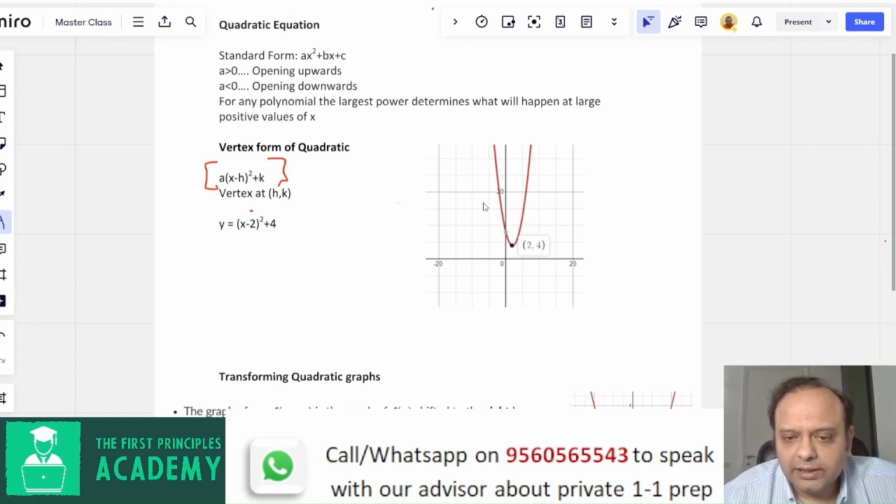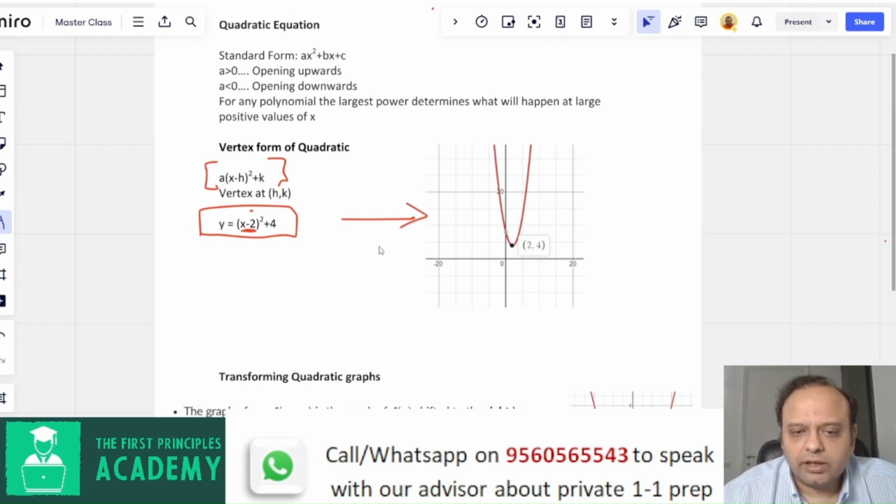For example, in this graph, the vertex is at 2 comma 4, and let's say a was 1. This graph can be rewritten as x minus 2 whole square, because h is 2, and remember the sign. Even though h is positive, the vertex form has minus h. So x minus 2 whole square plus 4 is the vertex form of this graph. Okay, that was one concept to remember.